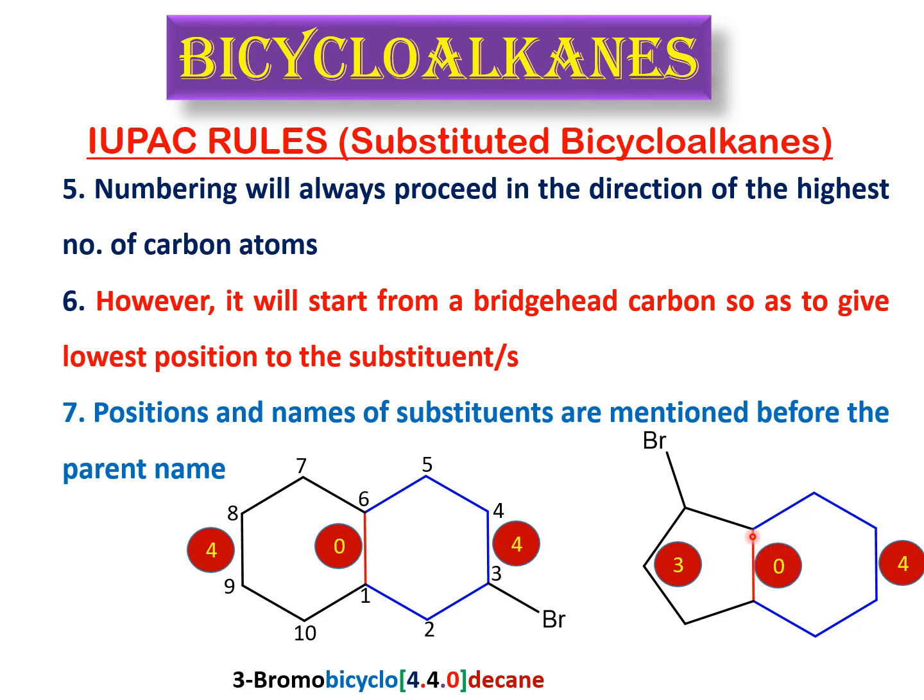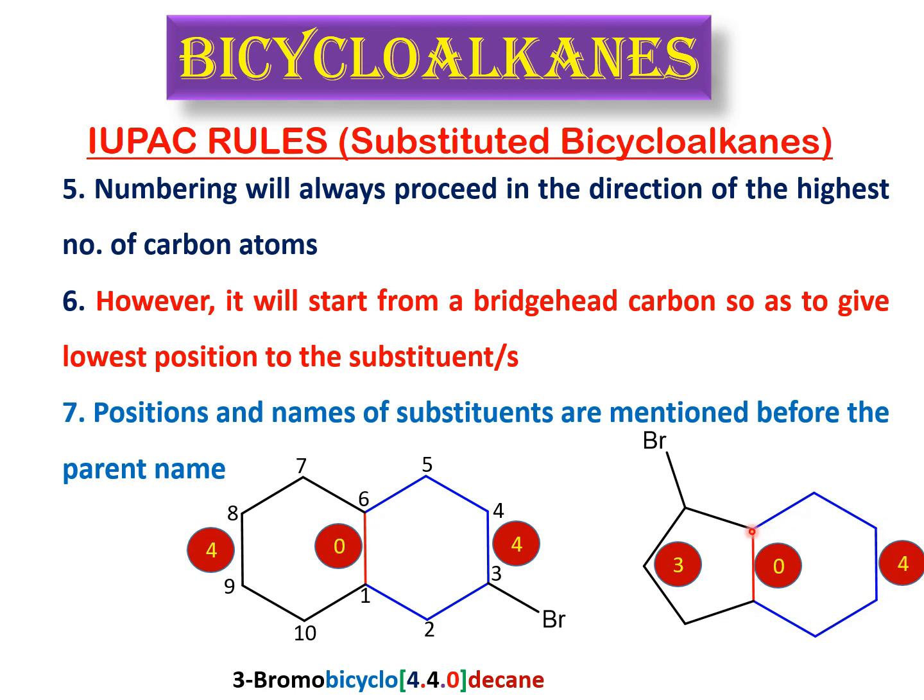Again, you can start numbering from here or from here, but in this case we have a different number of carbon atoms on the left and right hand side. So if you start from here, you have to proceed in this direction, or if you start from here, you have to proceed in this direction, right?